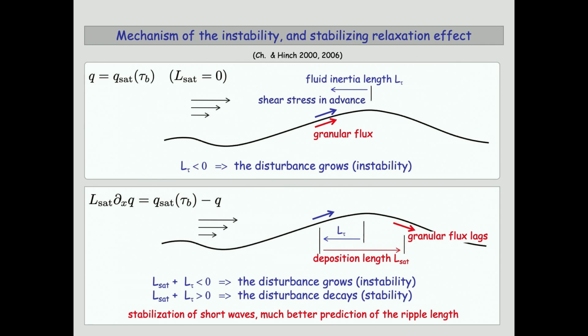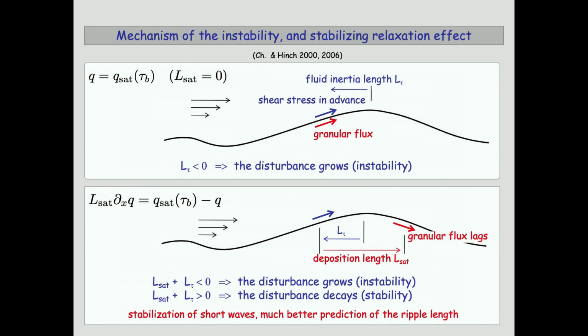On the other side, if we take into account some relaxation effect, the maximum of the particle flux no longer corresponds with the maximum of shear stress, but we have some deposition length, which is exactly this saturation length. And if this deposition length is larger than the fluid inertial length, then the granular flux lags, and we have stability, because the particles are leaving the crests and fill the troughs, so that the instability disappears, the ripple disappears.